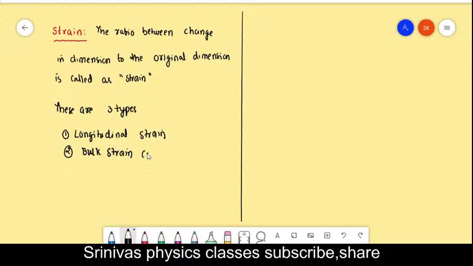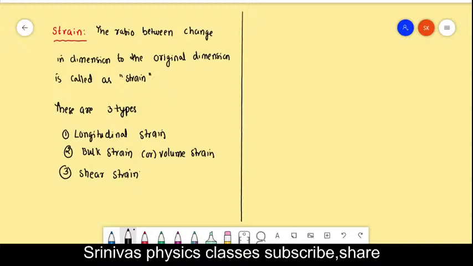This bulk strain is also called volume strain. And the third one is the shear strain. These are the three types of strains. Now we will discuss all these things.